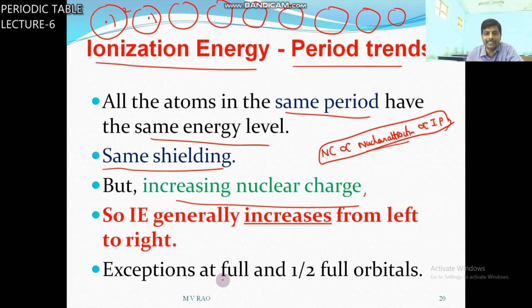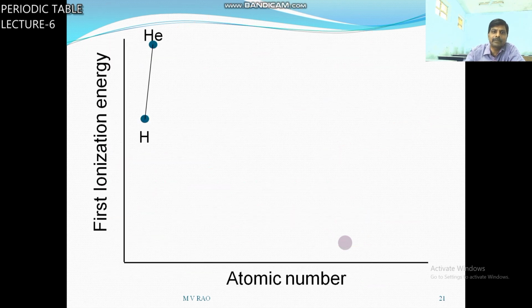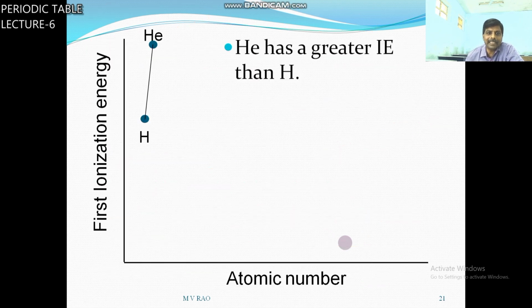There are some exceptions. Wherever fully filled and half filled orbitals, p3 and p6 orbitals are there, some exceptions are there. Now we will see in the first period, this is hydrogen and helium.